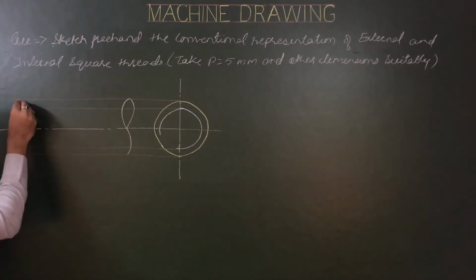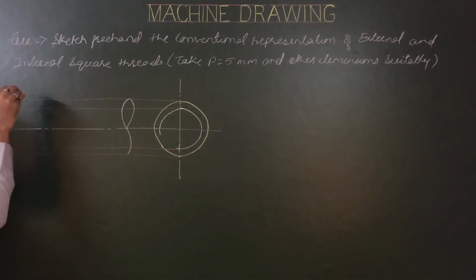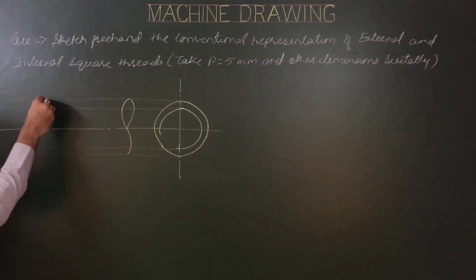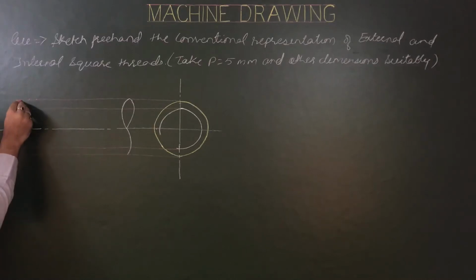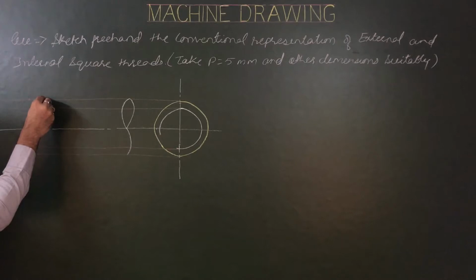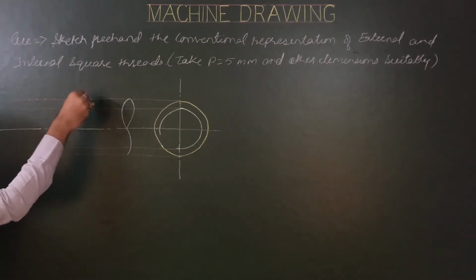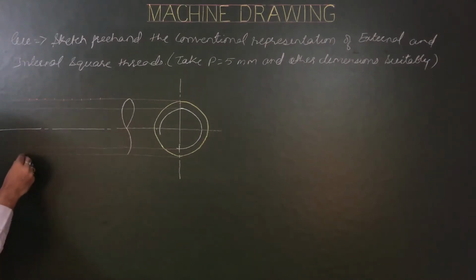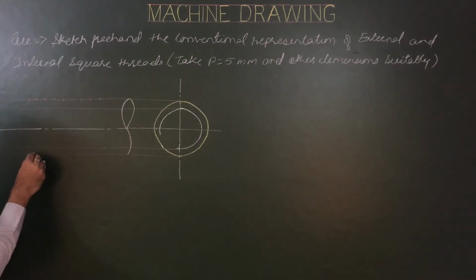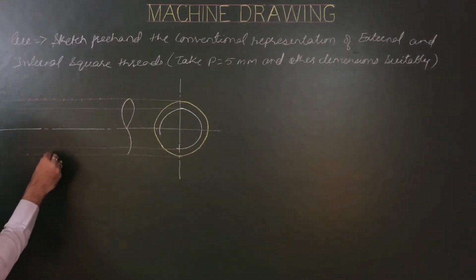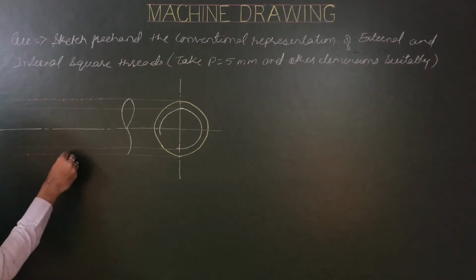Mark equal gaps or points 0.5 p apart. So half of pitch from this point, half of 5, 2.5, 2.5, again 2.5, half of pitch, approximately half of pitch. Please don't use any instrument for measurement, just mark them.